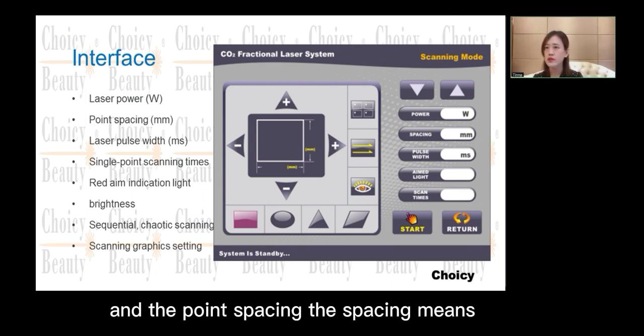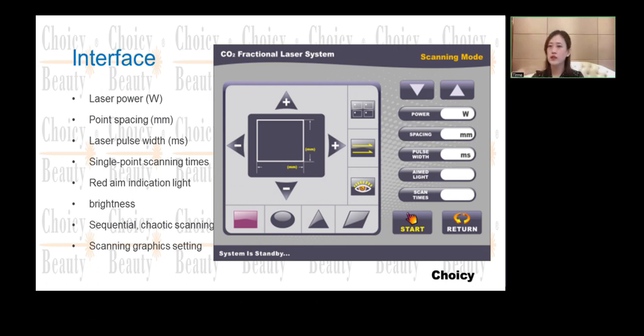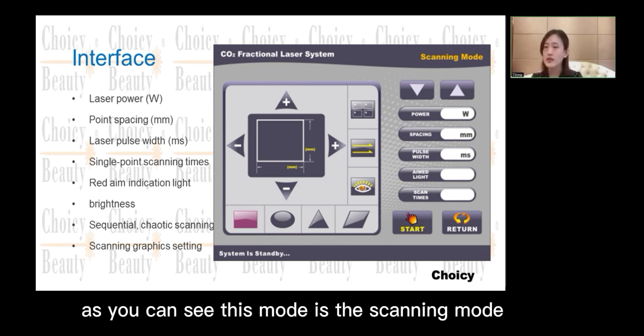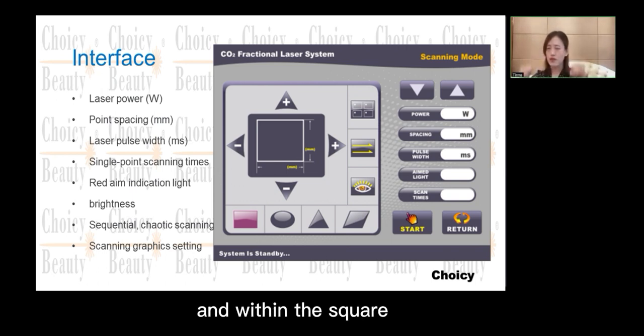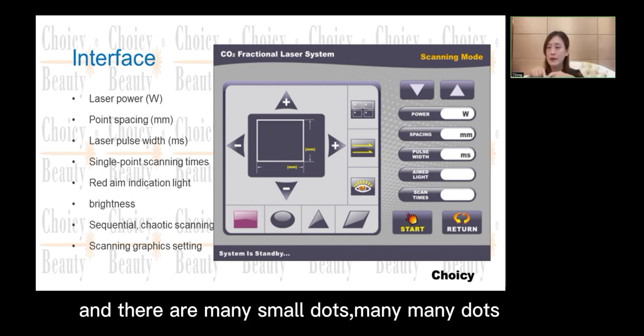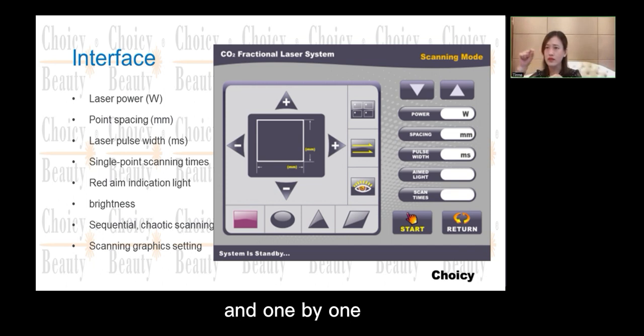And the point spacing. As you can see, this mode is the scanning mode. That means when we shoot out within the square, there are many small dots, and for each dot we can adjust.